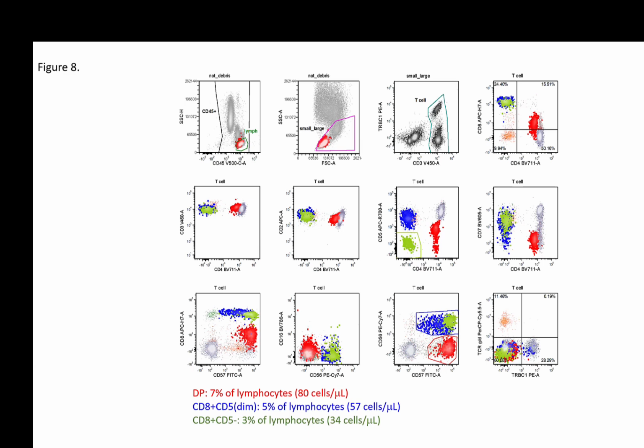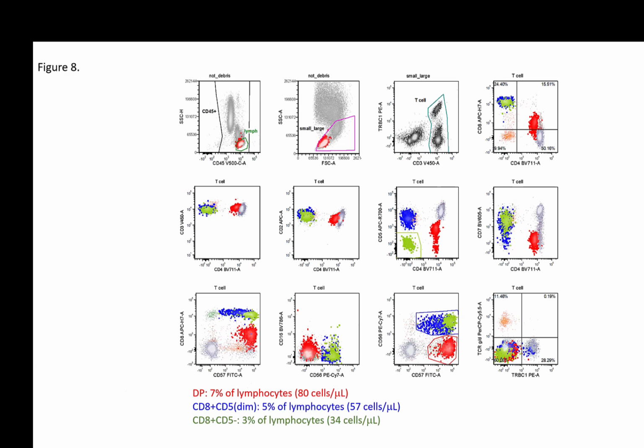It's kind of like MBL versus CLL, right? So in this case, for the double positives as well as the CD8 positive population, the recommended cutoff is 15% of lymphocytes, or 20% of lymphocytes if you want to be a little more stringent. But in this case, all three populations are below that 15% cutoff of lymphocytes.